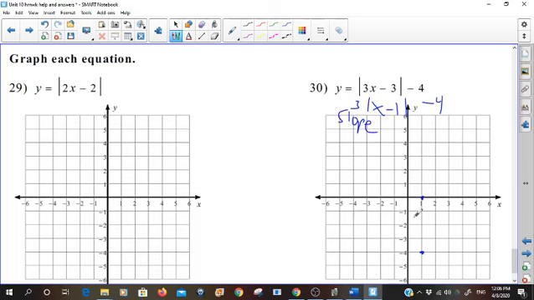So our slope of 3 is going to go up 1, 2, 3 over 1. Up 1, 2, 3 back 1. So there's number 30. You give number 29 a try. So this is just review. Probably not going to be on Canvas for your submission, but still good to do and review.